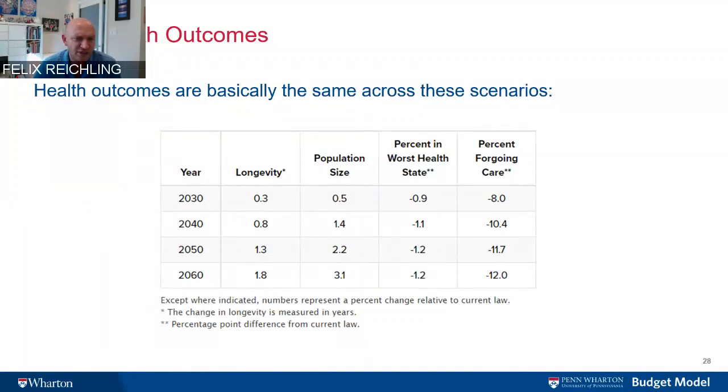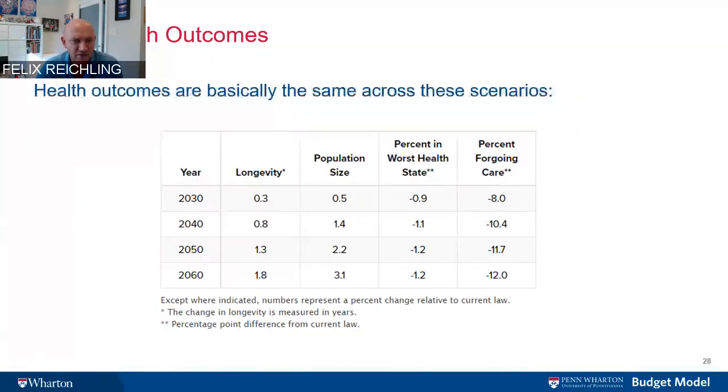And the percent of the population that are in bad health would decrease by between 0.9 in 2030 to 1.2%. These are percentage points, not percents, compared to current law.